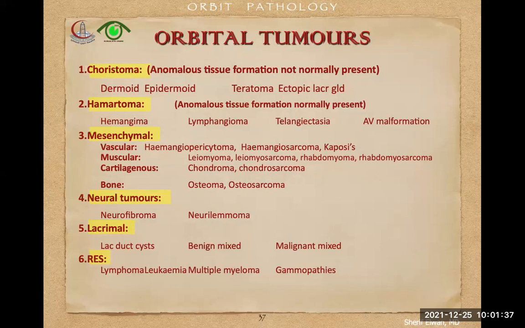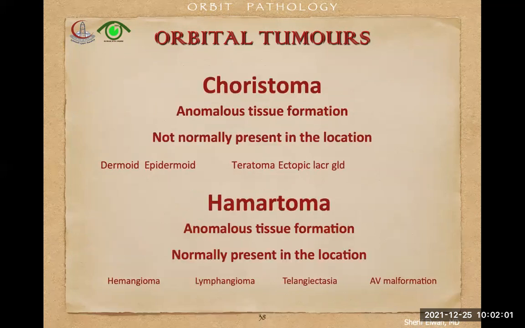Lacrimal tumors like lacrimal duct cysts, benign mixed lacrimal gland, and malignant mixed lacrimal gland. Reticuloendothelial system, that is the lymphoid and blood tissue that is coming from the bone marrow. Lymphoma, leukemia, multiple myeloma, and gammopathies.